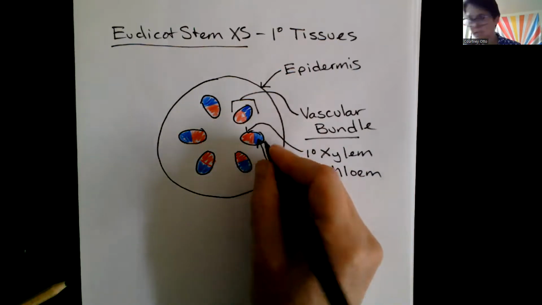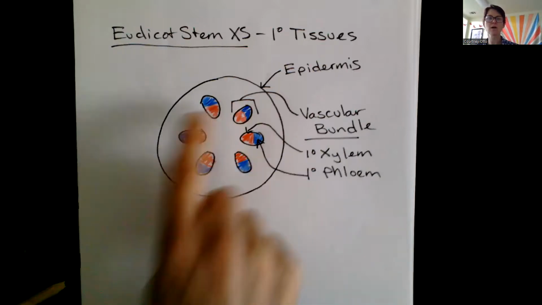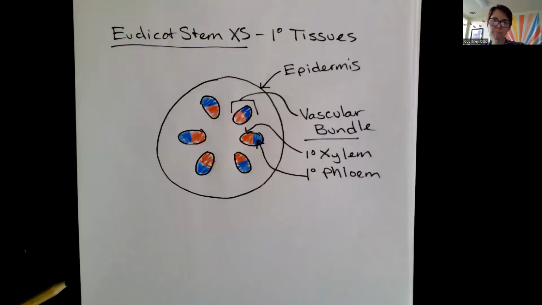That's going to be doing exactly what you think it's going to be doing. It's going to be transporting sugars from photosynthesis, from wherever they're produced to wherever they're needed or wherever they're going to be stored inside the plant body. All right, so that's our vascular bundles, forming a ring overall in our eudicot stem cross-section.